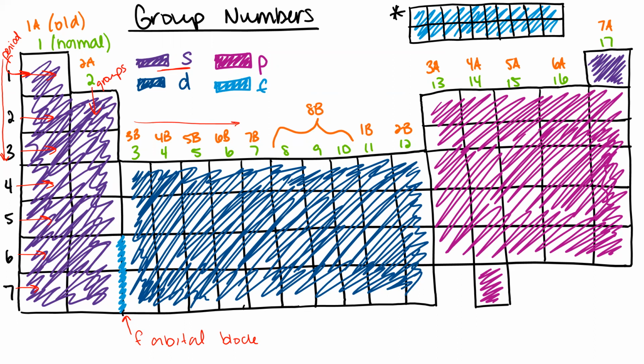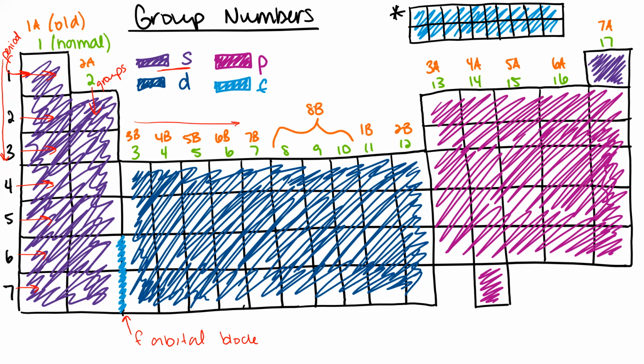That's the old way. We don't use that anymore. You only need to know the normal way that we do things now, which is in green here. So we just label them as 1, 2, 3, 4, 5, 6, 7, 8, 9, 10, 11, 12, on to 17. It's way simpler. So be thankful that that's how we number them. We don't number them the old way anymore.